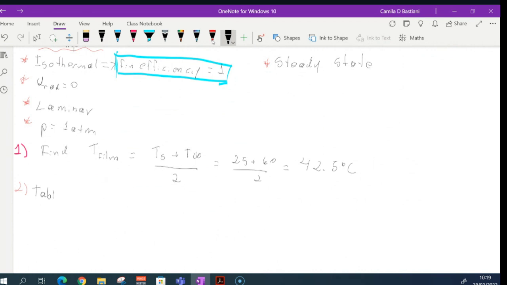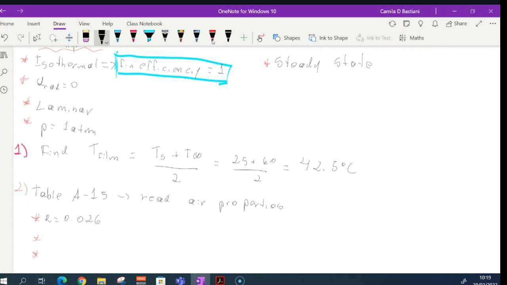Having my film temperature, I can go to my book, table A-15, and read my air properties. What properties am I going to read? I'm going to read the conductivity, 0.02681. I'm not going to do the readings because I believe you know how to do that, okay?